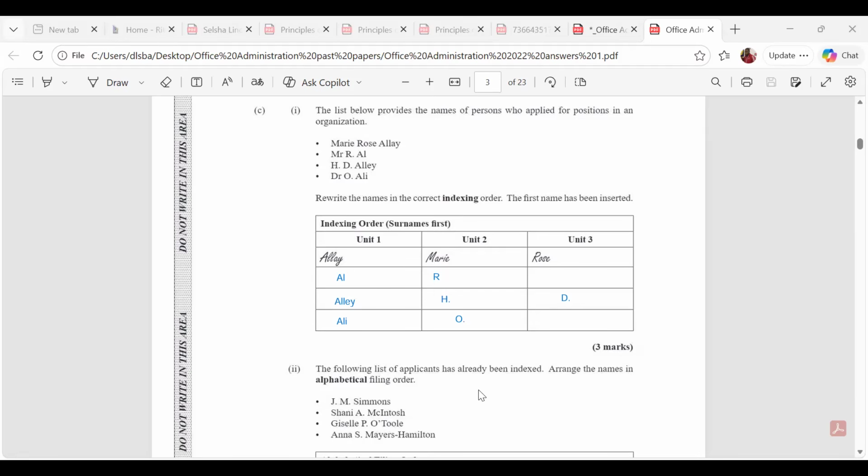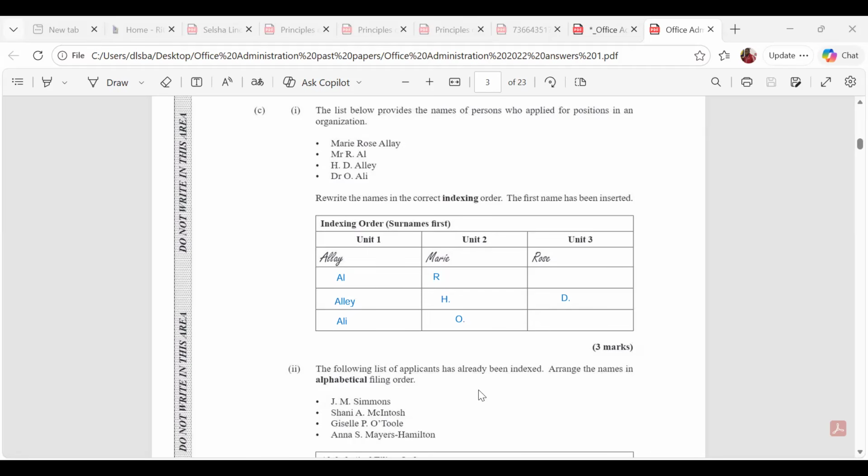How would you file Myers-Hamilton? You're not removing the hyphen, but you're treating it as one name.